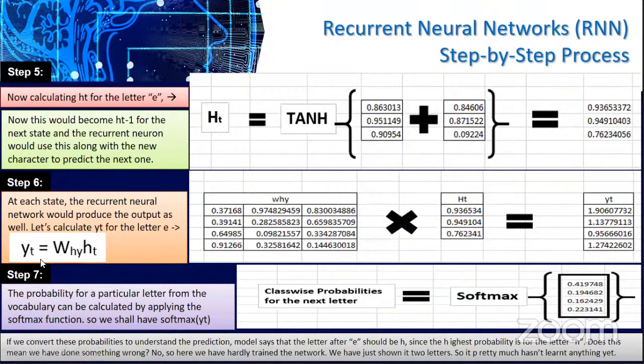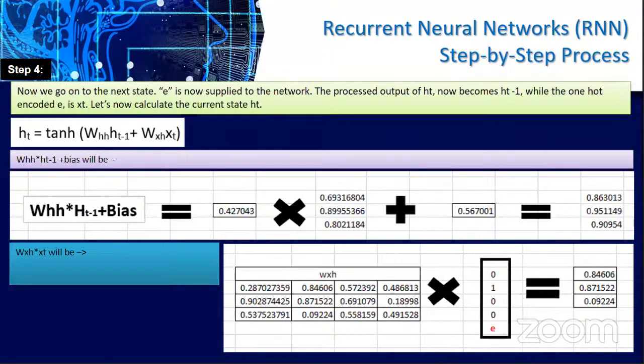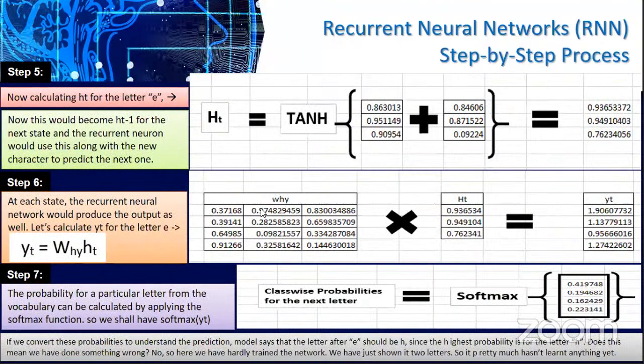So the next step that we are supposed to do is what? Substitute it to get the value for y suffix t. So y suffix t would be w suffix hy into h suffix t. The w suffix hy that we have got earlier can be taken and h suffix t substituted. The resultant one you get is y suffix t. Now this becomes the class-wise probabilities for the next letter.